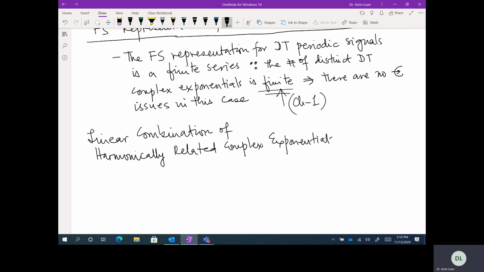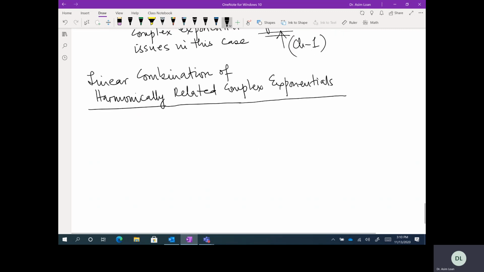The development is exactly the same as for the continuous time case, so we are just going to breeze through this. Just some basic things that you need to recall.